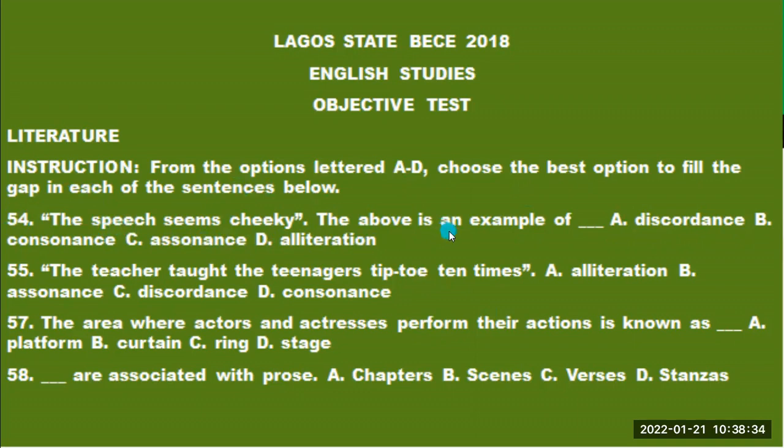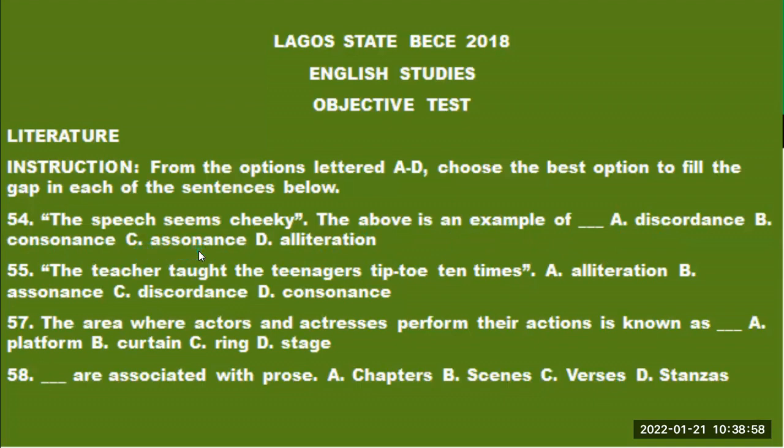And then the question is this: the above is an example of dash. A, discordance. B, consonance. C, assonance. And D, alliteration. Well, you need to understand what these various terms mean. By the way, the answer is C, assonance.